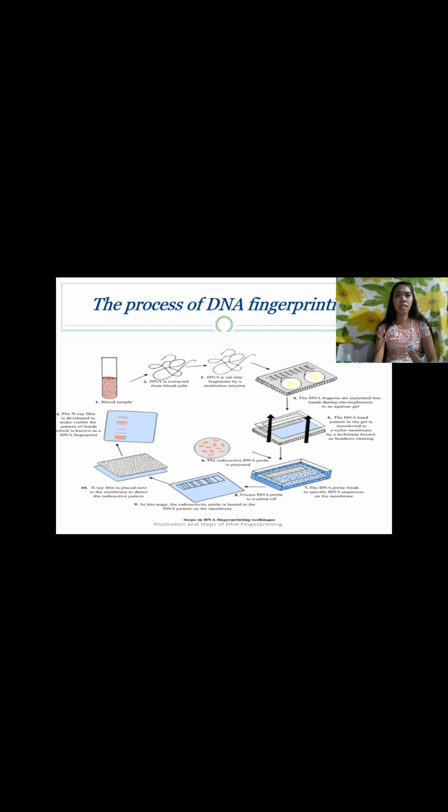Next, X-ray film is placed next to the membrane to detect the radioactive pattern. And last, the X-ray film is developed to make visible the pattern of bands, which is known as the DNA fingerprint.